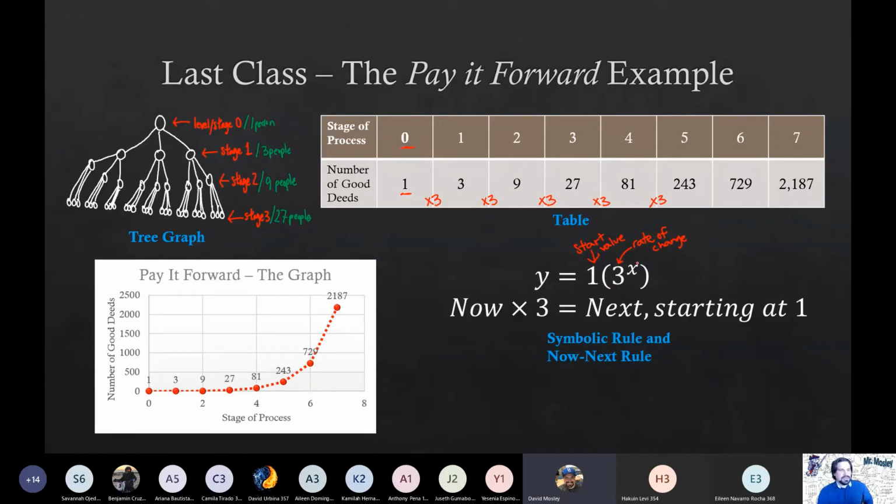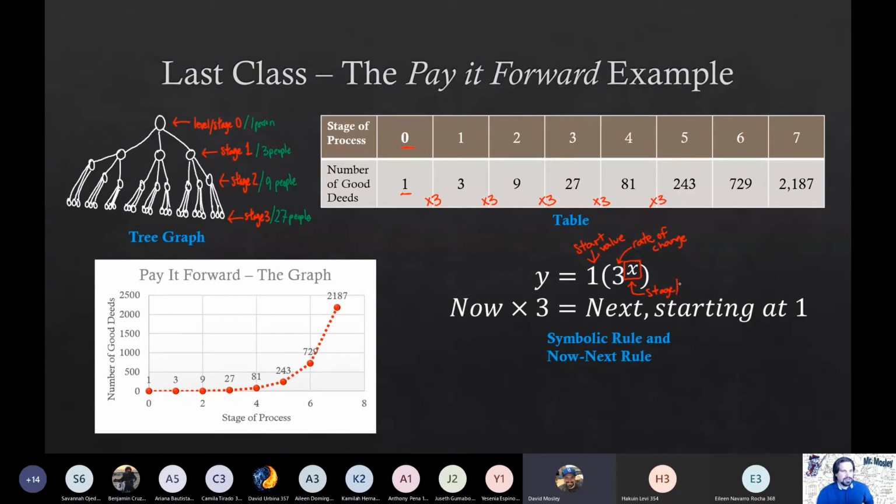Okay. And lastly, this x, our variable here, it can represent the stage in the process. It's the stage.